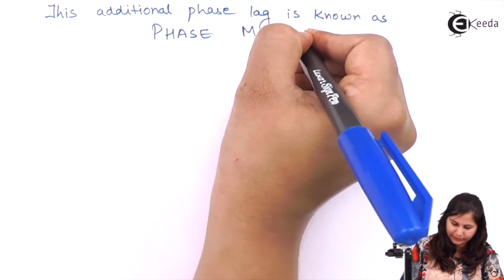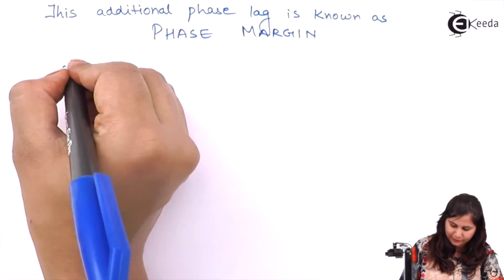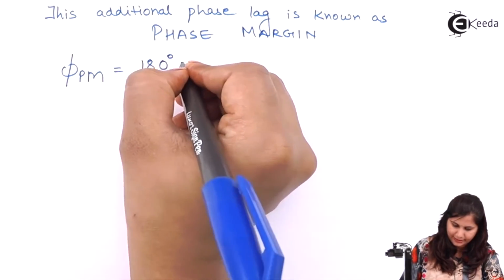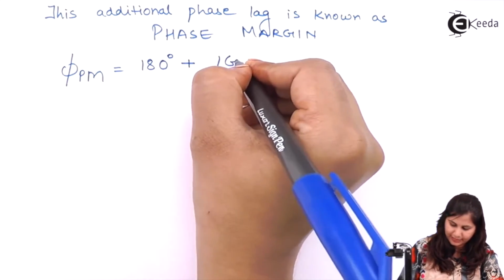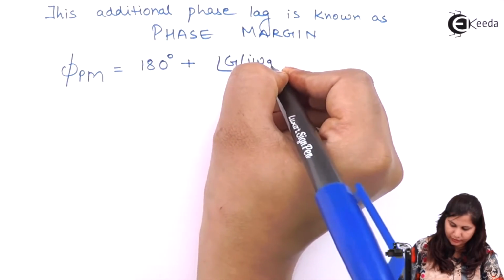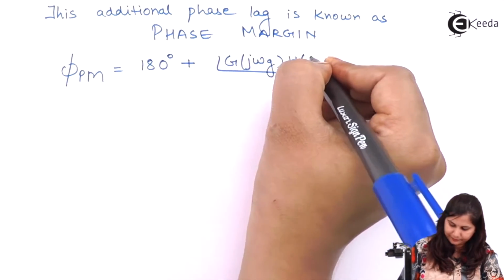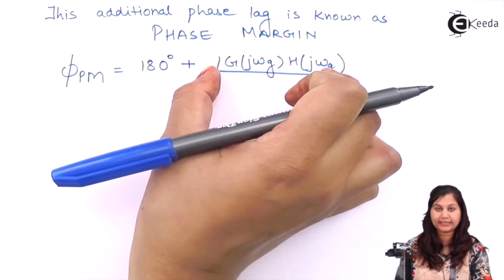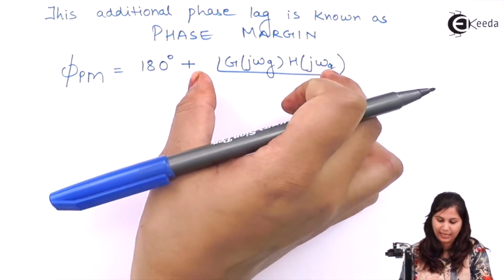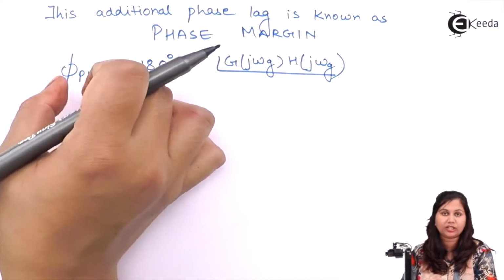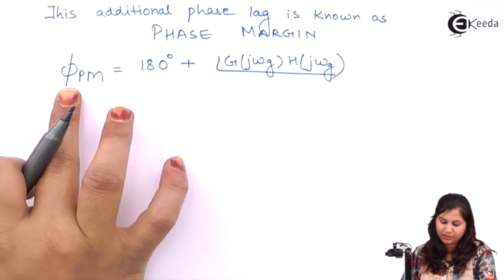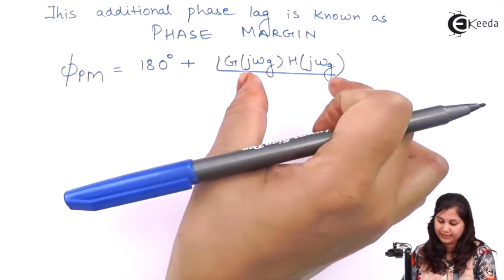How can we calculate the phase margin? It is phi pm, and it is given by 180 degrees plus the phase angle at the gain crossover frequency. We add the phase angle at the gain crossover frequency to 180 degrees, and then we get the phase margin, because the phase margin is 180 degrees minus this angle.